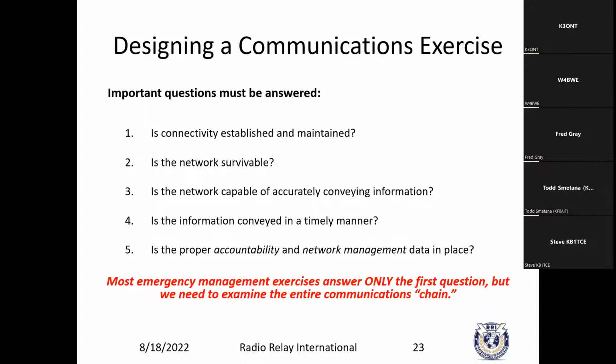Okay, so not only are you asking, can I establish connectivity, but what we're asking is, can I maintain connectivity regardless of propagation conditions?